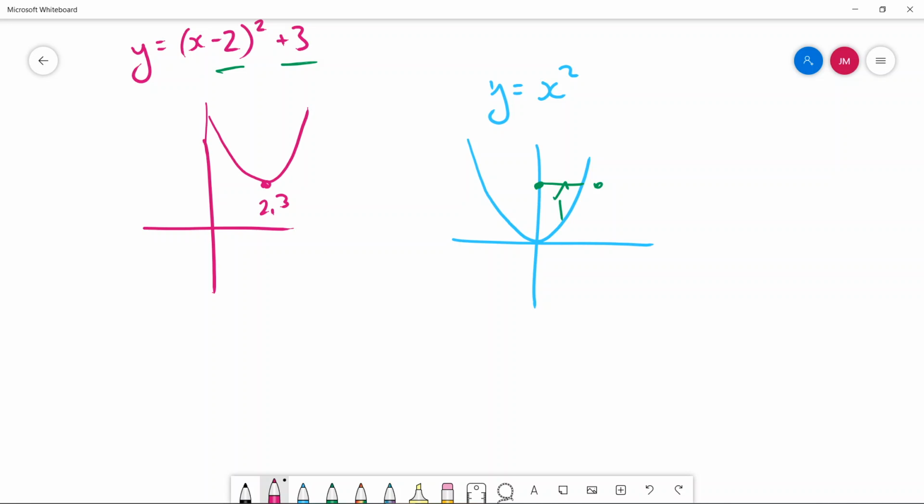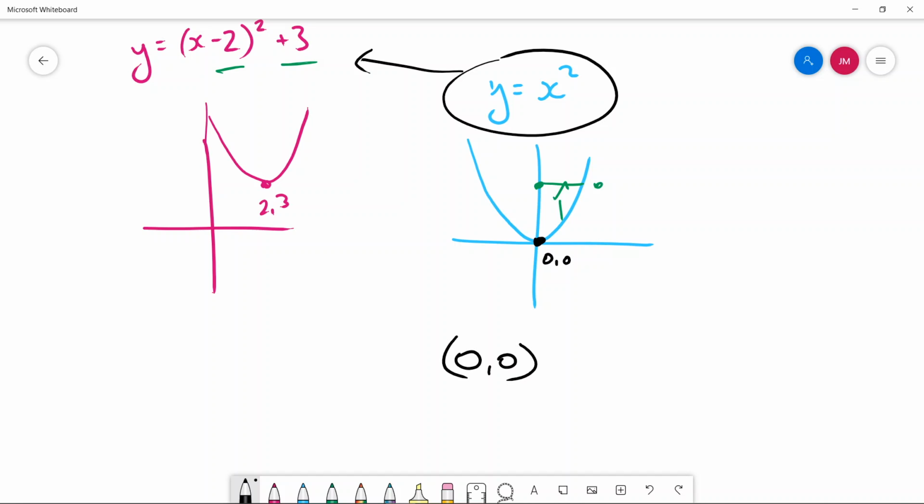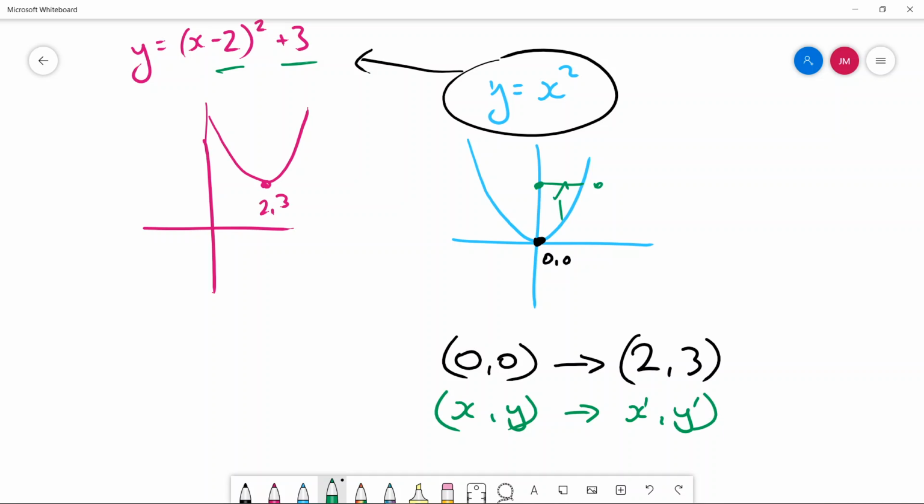What we're saying here with this new notation is that this turning point here is (0, 0). Let's say this is our original graph. If I was to transform y equals x squared into this new one, the point (0, 0) would map to, which means turns into, the point (2, 3). So our (0, 0) is our x, y, our original point, and the image (2, 3) is our new x and y values.